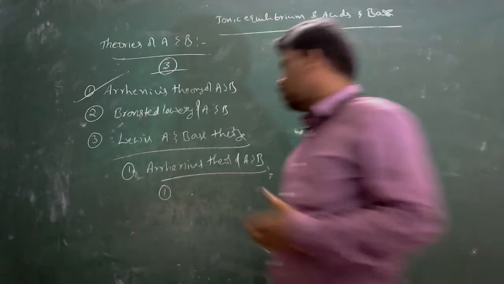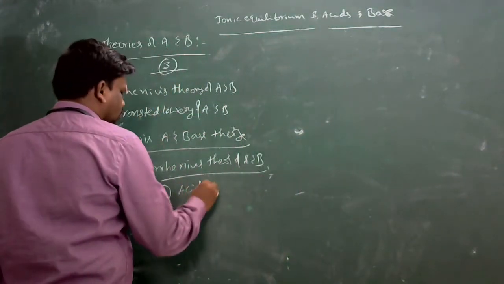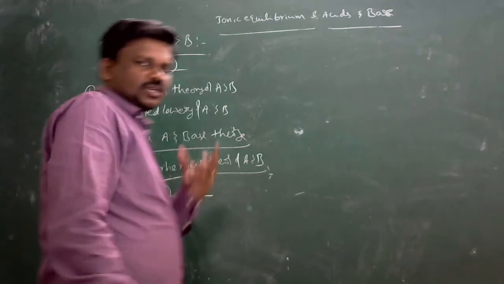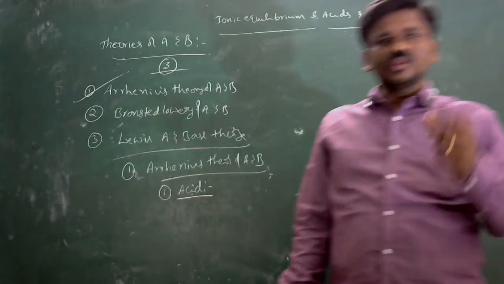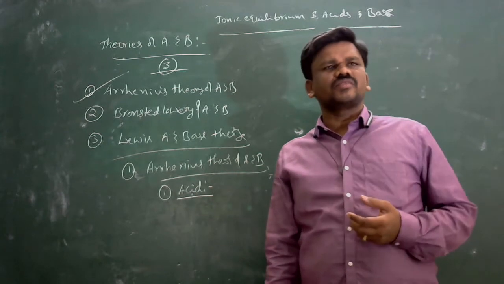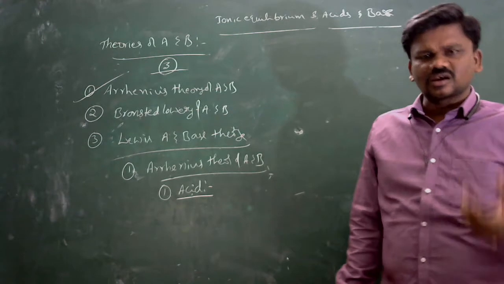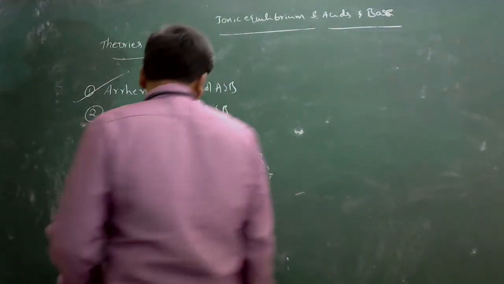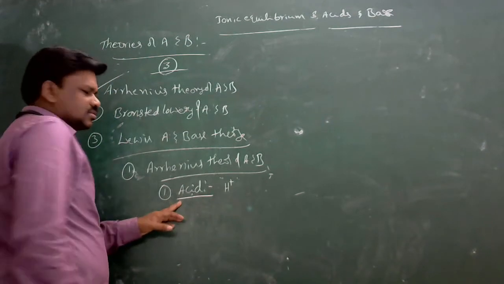In an Arrhenius acid, the substance which ionizes in aqueous solution to produce H plus ions is called an acid. That means H plus ions give acid.